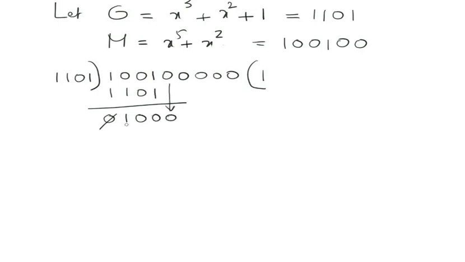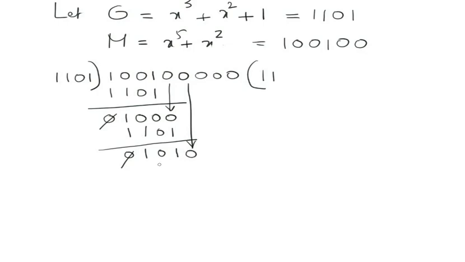Now the first bit is a 1. So again put a value of 1 here. 1101 multiplied by 1 is again 1101. Again even number of ones is 0, odd number of ones is 1. Discard the 0. Again bring the next 0 down.